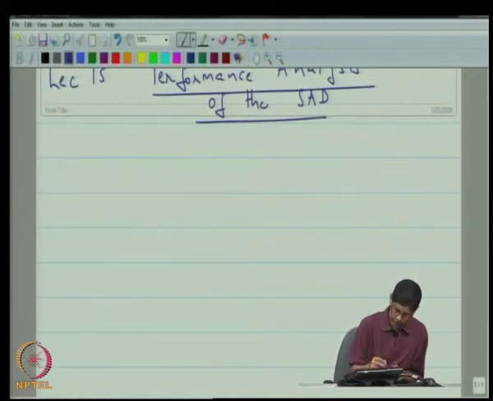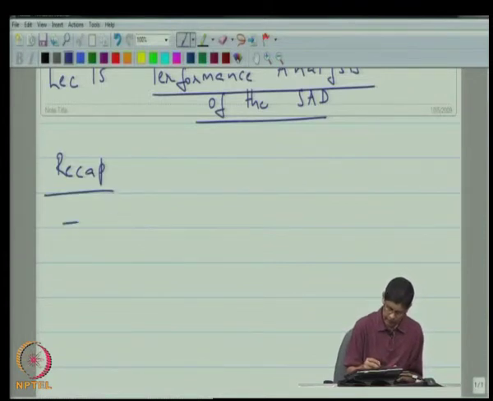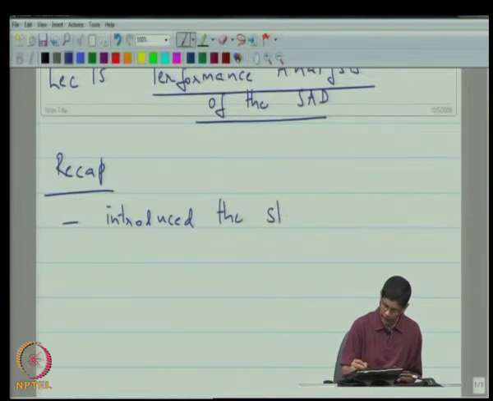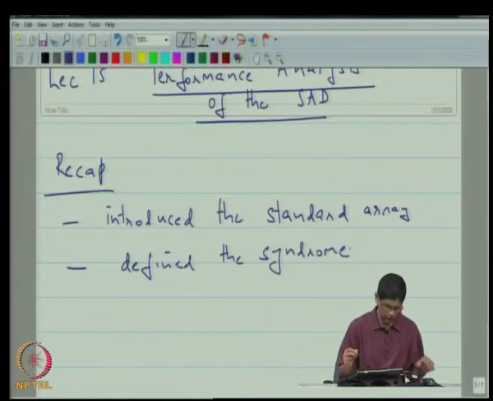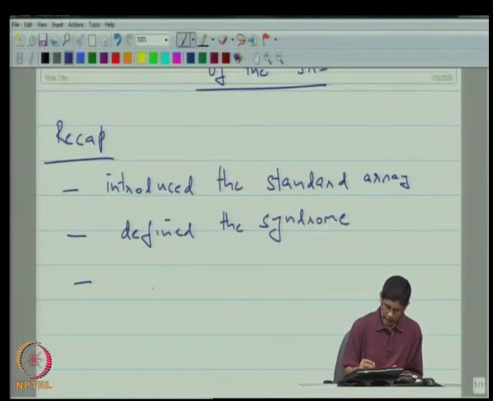Now, as a recap, we introduced the standard array, defined the syndrome, and set up the procedure of standard array decoding.